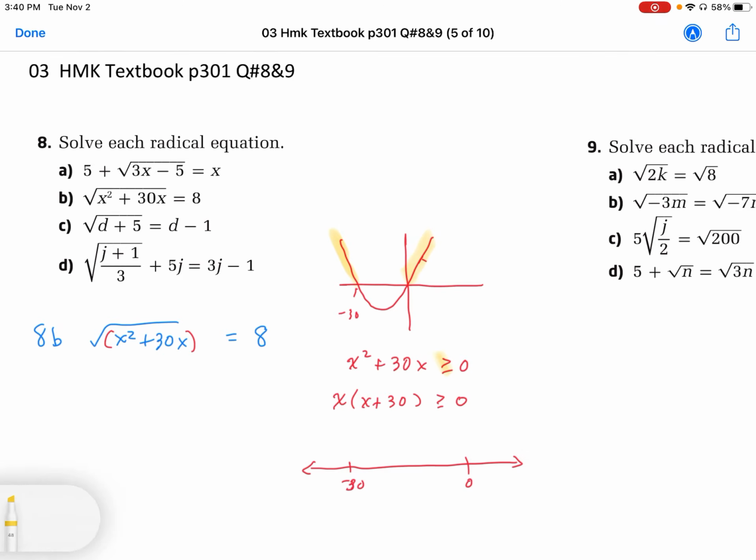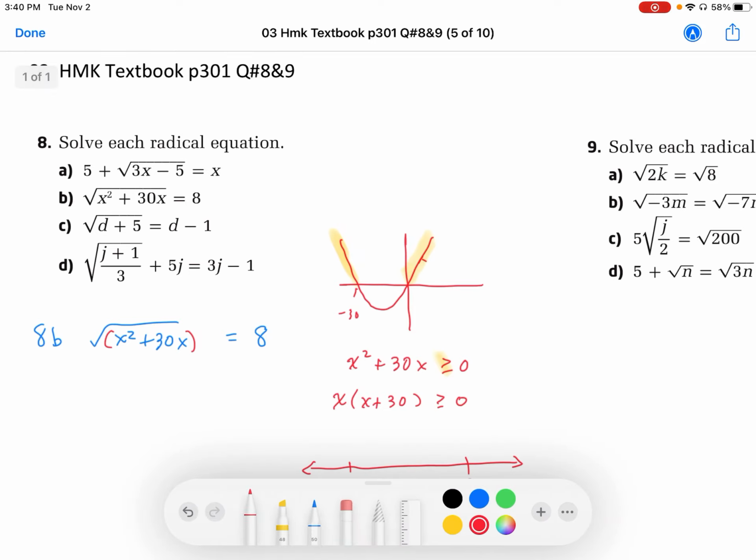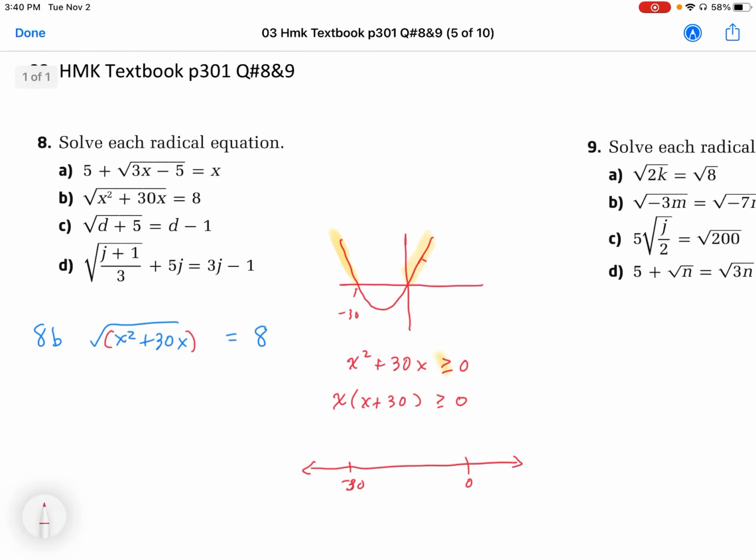So when we test this on the number line, we can see that this is going to be true. If I plug in, let's say x is negative 10, I'm going to get negative 10 times negative 10 plus 30, which is 20. So I get negative 200.